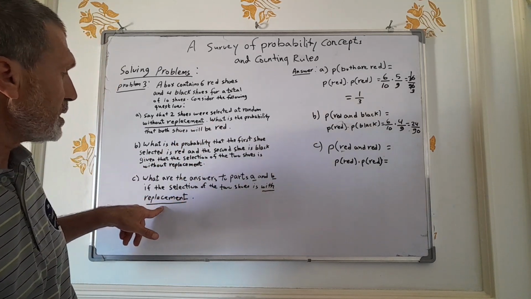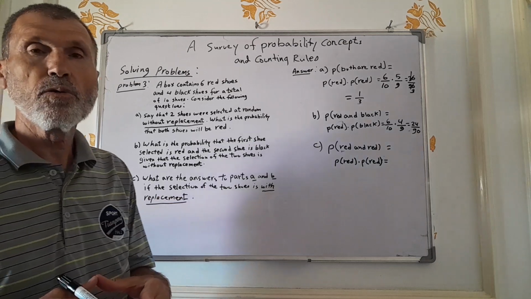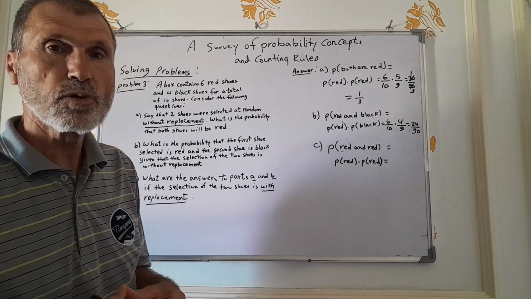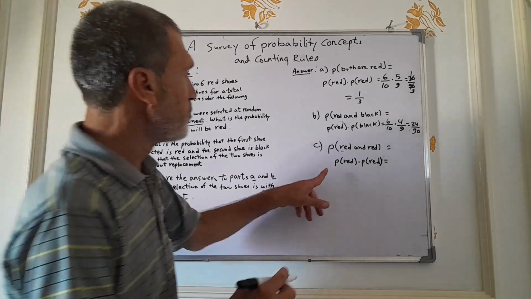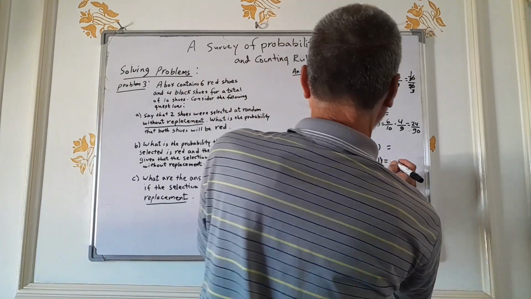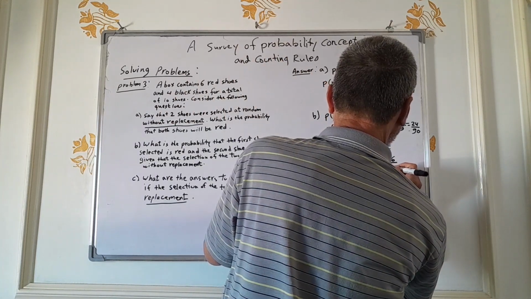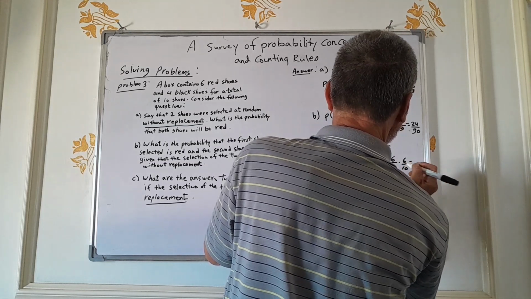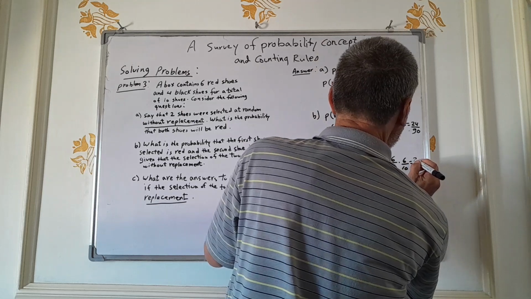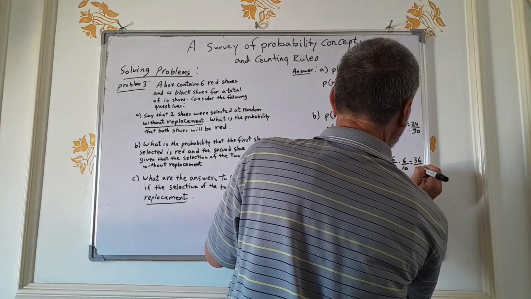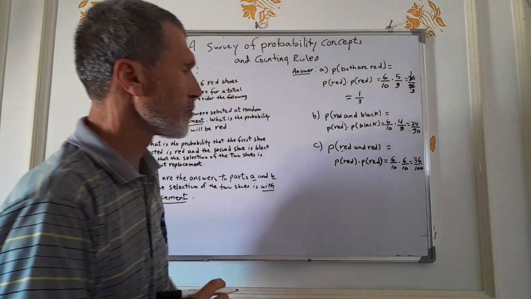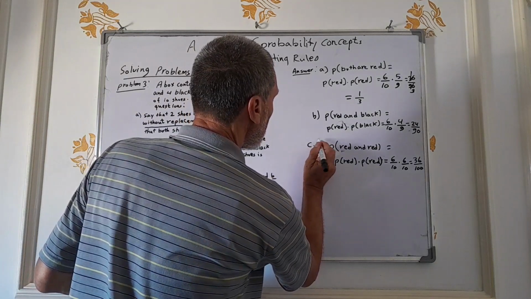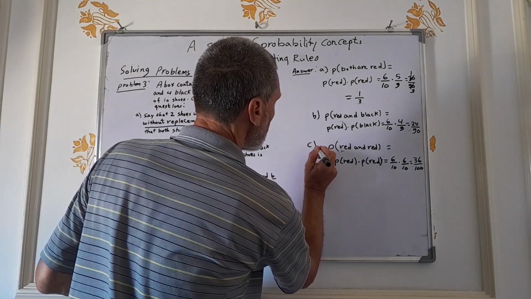However, once the selection is with replacement, we use the special rule of multiplication, because the events will be independent. So here the probability of red is equal to 6 over 10 times 6 over 10, which is 36 over 100. This is, of course, C part A.